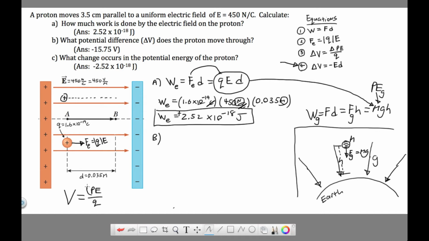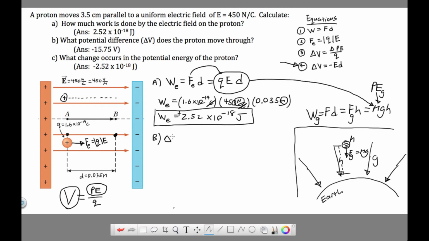And if the potential energy is getting smaller, the volts are getting smaller. So the answer to question B is negative because the proton ends on a smaller electric potential, or volts, and starts at a higher. So you're going to be going smaller volts minus bigger volts.